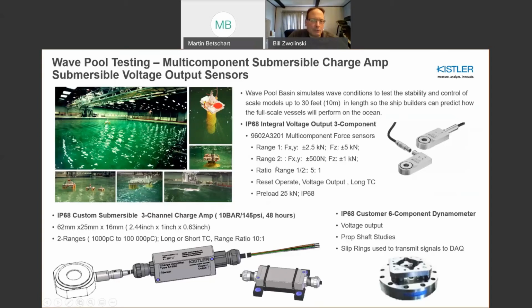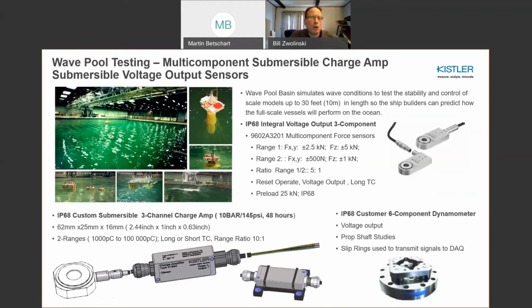What we've done is we've actually optimized and customized certain solutions as well, where the limitation of this product is that it's basically one range. But imagine being able to take all the various sensors that might be available that I showed you on those 2 slides and being able to interface an amplifier that's IP68 to any one of those sensors and be able to use that in a hydrodynamic solution.